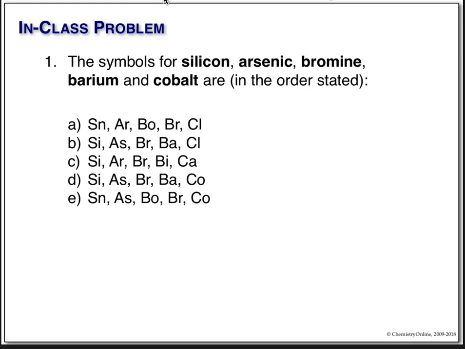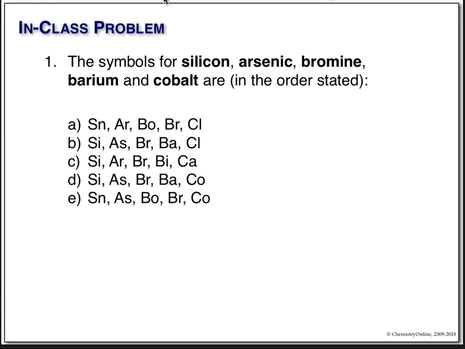Well, silicon is on our starter list, but we haven't talked about it yet, really. But Sn, we did mention, that's tin, isn't it? So that means that silicon must be Si, so we're down to these three.